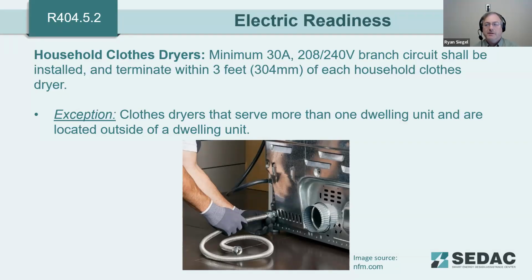So if you install gas appliances, you do have to have the electric branch circuits provided. If you put in electric equipment, you don't have to run the gas piping for that. So for clothes dryers, again, understanding in residential, you might be dealing in multifamily, there is an exception for clothes dryers that serve more than 1 dwelling unit and that are located outside of the dwelling unit. Then you don't have to have the electric readiness installed for this.